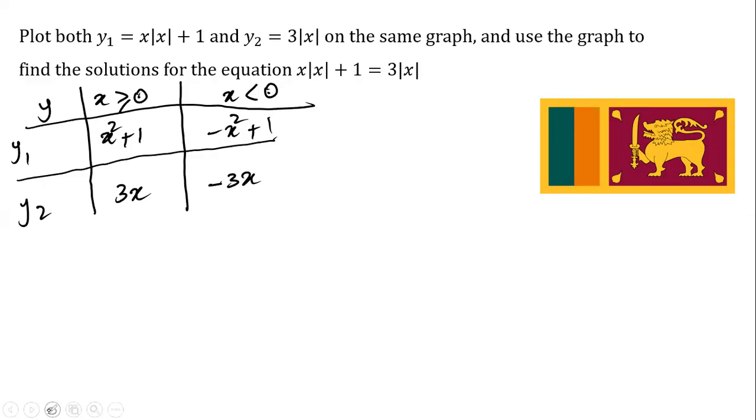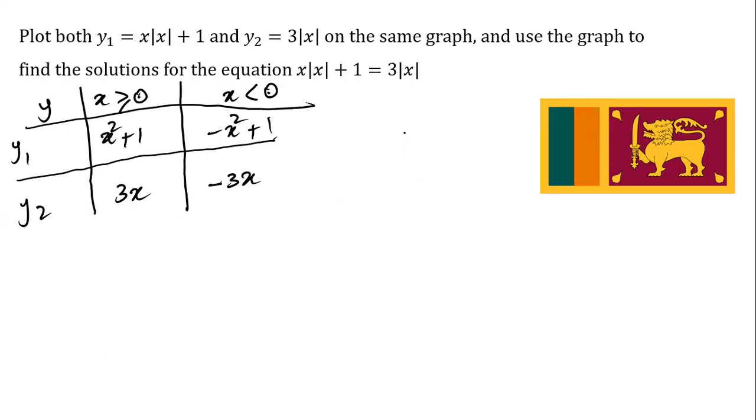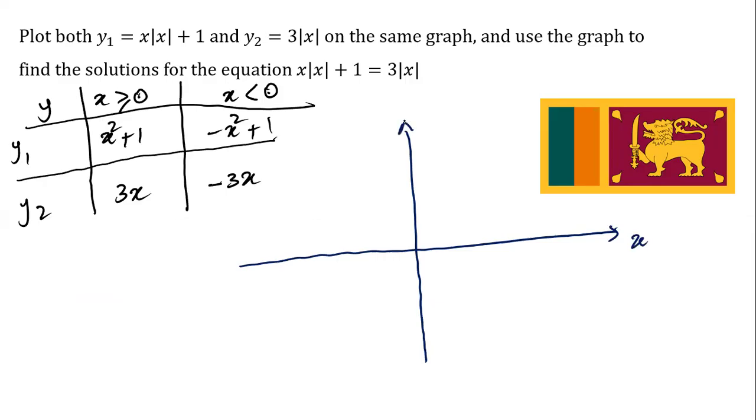So when we are plotting both of these graphs in the same sketch, this is your x-axis, this is your y-axis. When you plot y1 first, when x is greater than or equal to 0, in this range it's going to become like this.